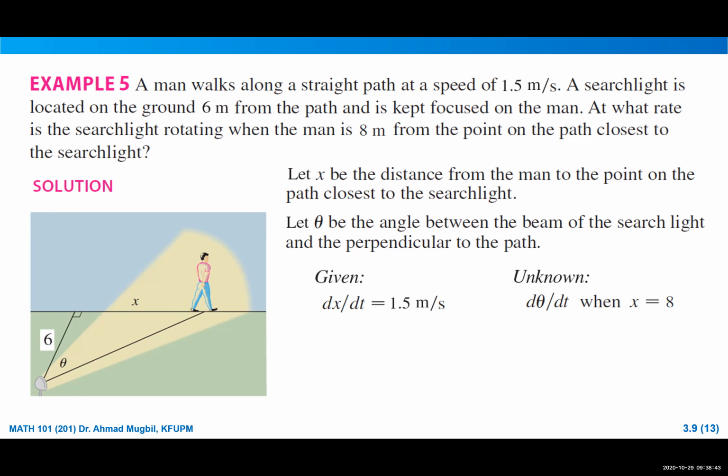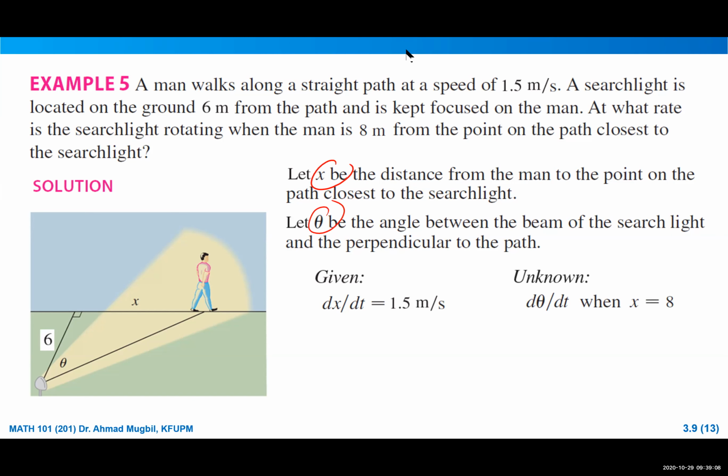Now, how to find the relationship between x and theta, between my two variables? How can I relate them, Shabab? Pythagorean theorem. Sine and cosine. Yes, trigonometric functions.